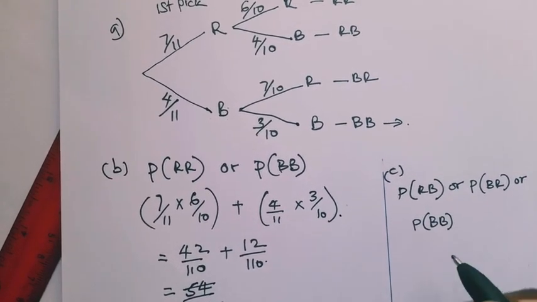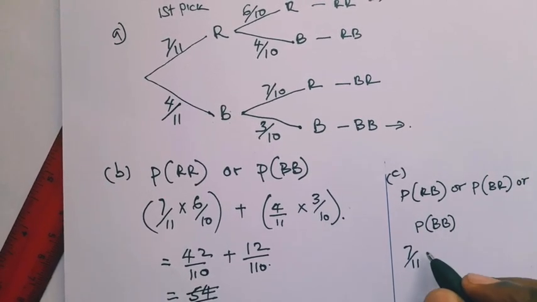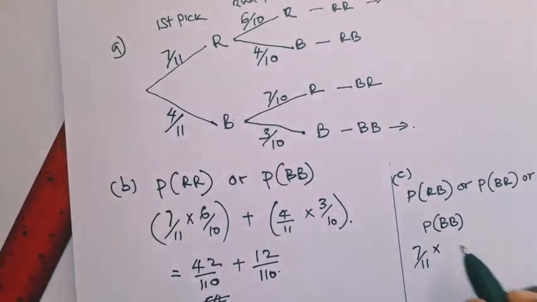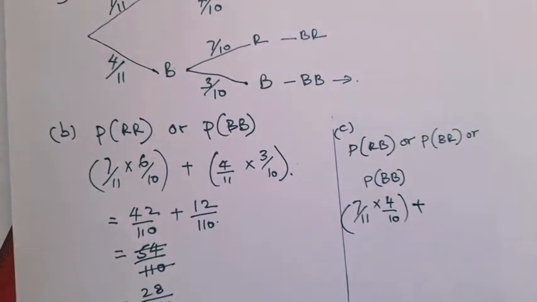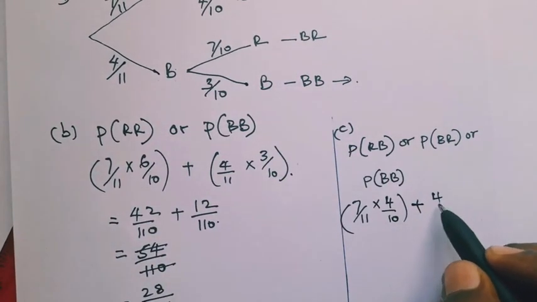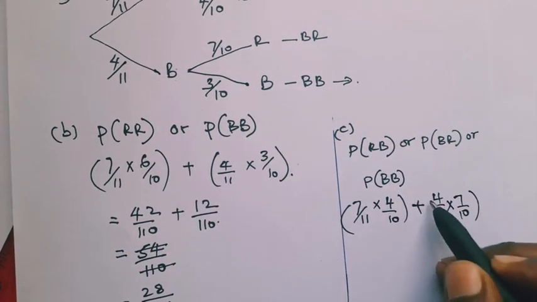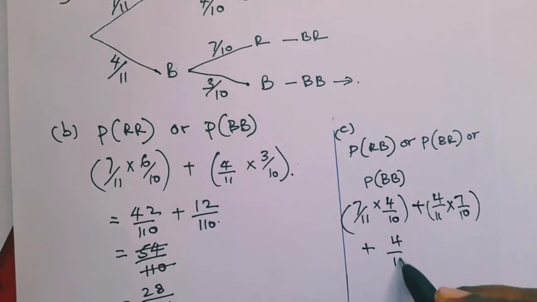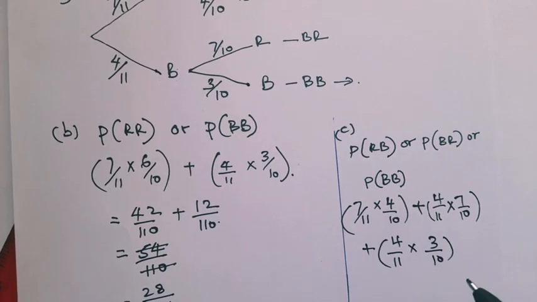So we are going to take probability red-blue, and this one is 7 all over 11 multiplied by 4 all over 10, in brackets, you add probability BR, that is 4 all over 11 multiplied by 7 all over 10, plus blue-blue, 4 over 11 times 3 all over 10. So we simplify.